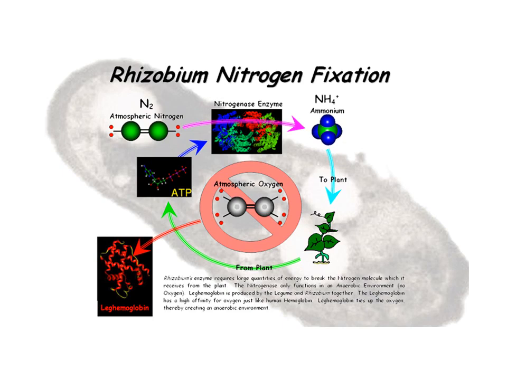Inside the nodules, the rhizobium, which is an aerobic gram negative bacteria present inside the nodules, absorbs the atmospheric nitrogen and converts it into ammonium in the presence of the enzyme nitrogenase, and for this process a large amount of ATP is also involved.